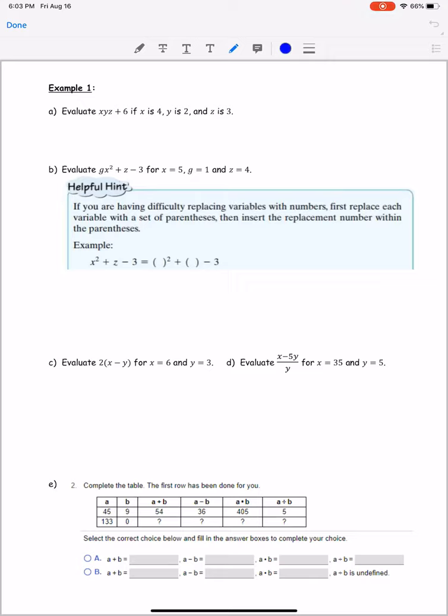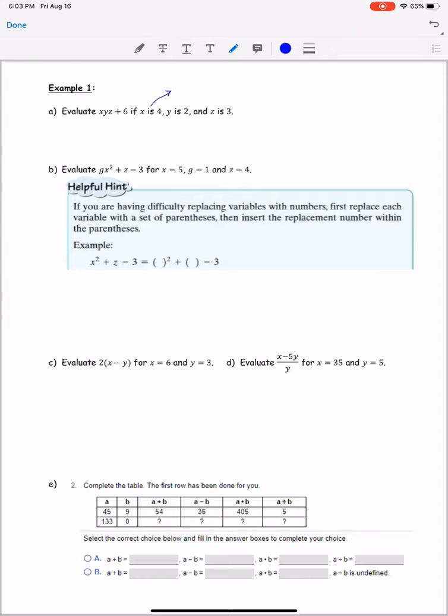So we are evaluating xyz plus 6 if x is 4, y is 2, and z is 3. On this one, it says specifically x is 4, y is 2, z is 3.